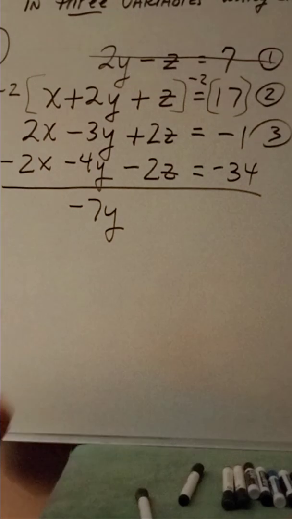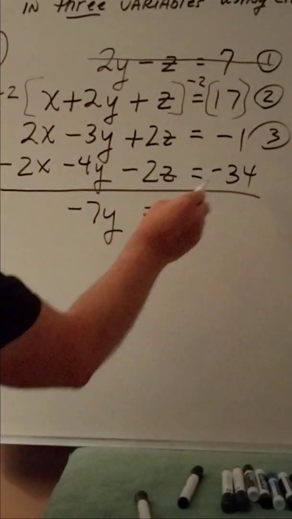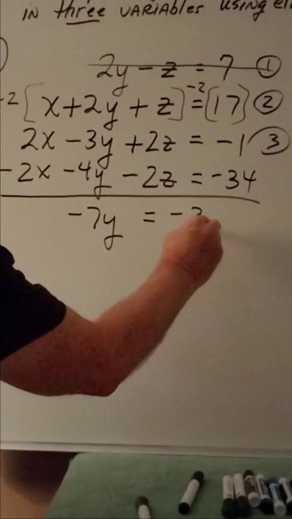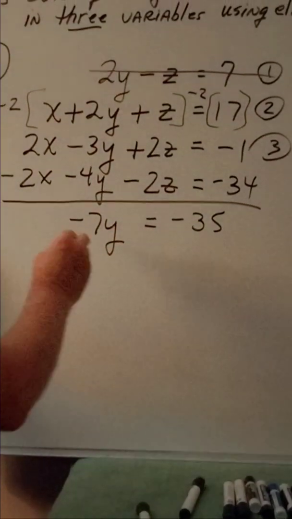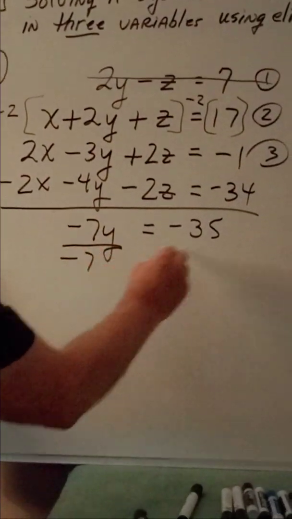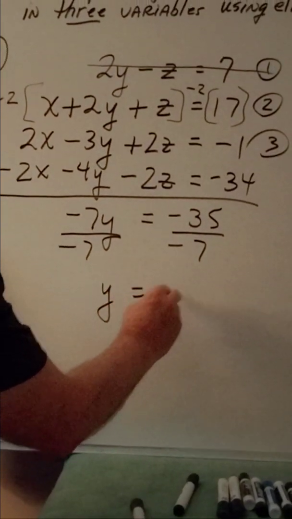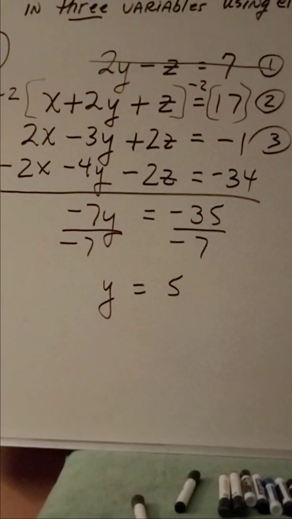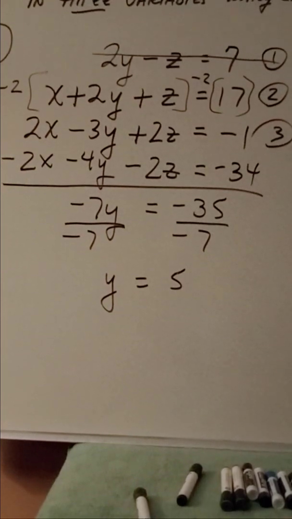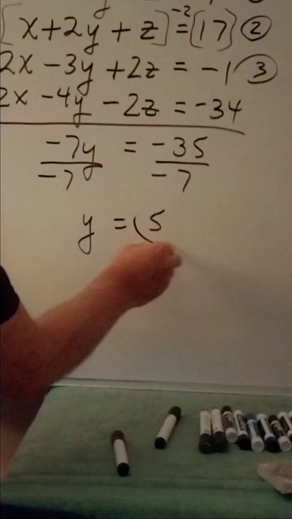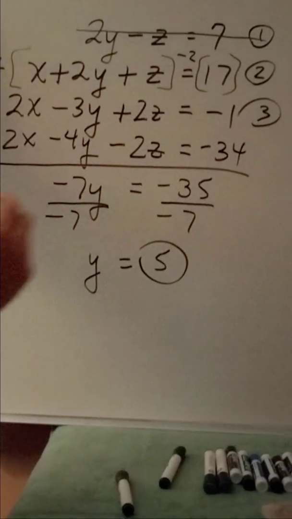And the z's cancel out. So negative 7y is going to be equal to a negative 35. Over negative 7, over negative 7, and y will be equal to a positive 5. So we got y's value to be 5.